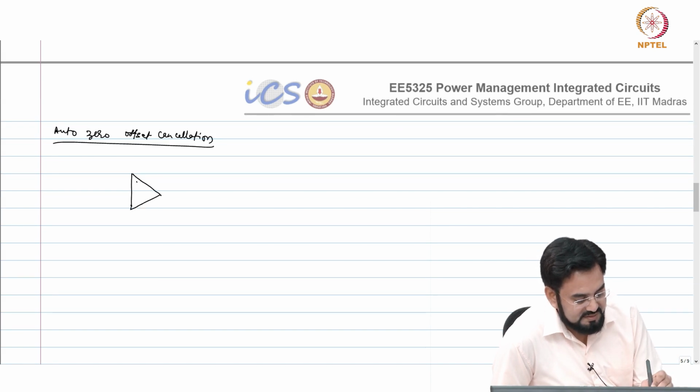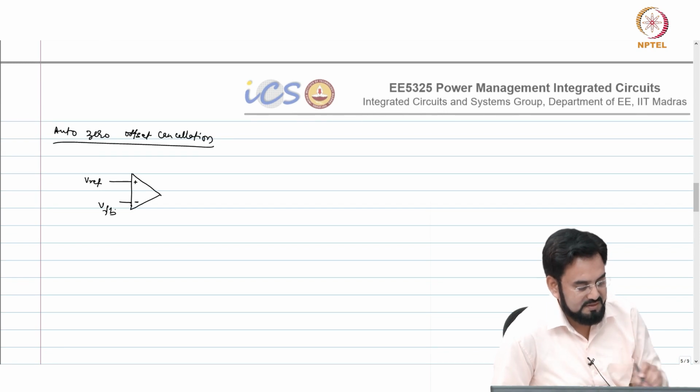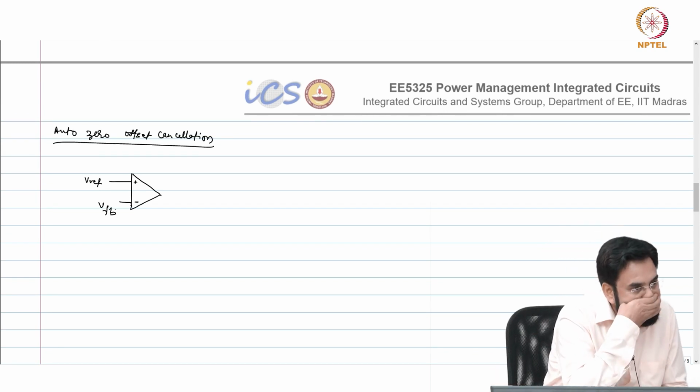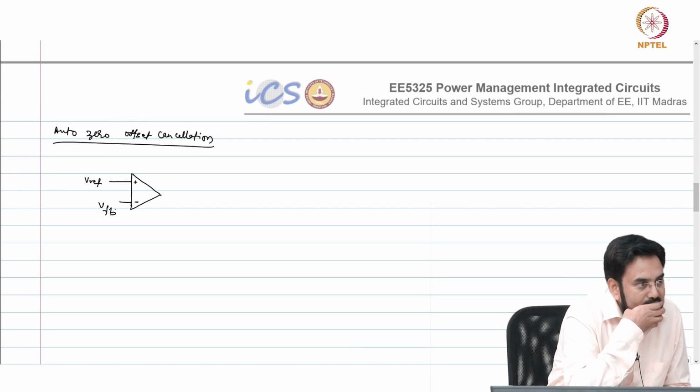So let's say I have this plus minus, I apply Vref here and I apply VFB here in the feedback.